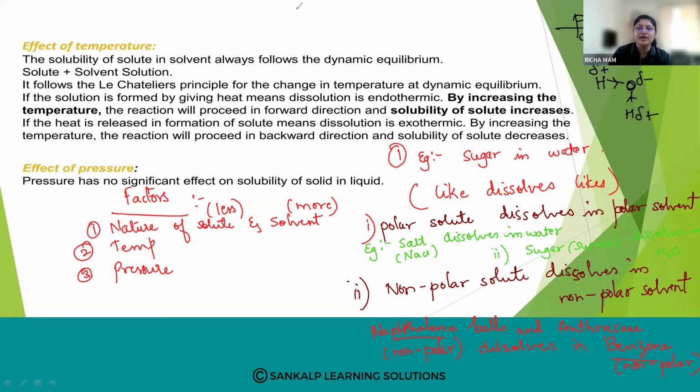Understood what is polarity? Now, what do you mean by non-polar molecules? You have already studied this in PU1, but still I'll tell you. Molecules such as H2, O2, N2: hydrogen, oxygen, nitrogen.